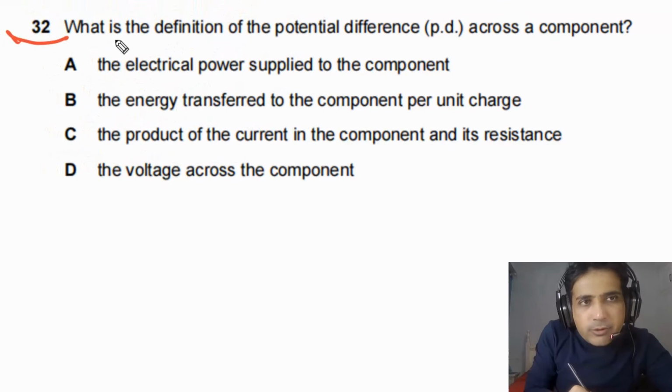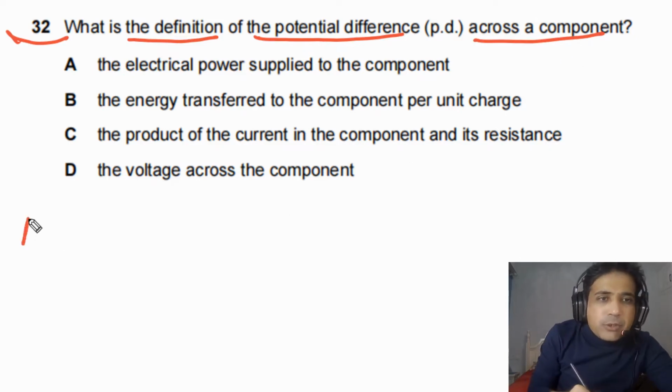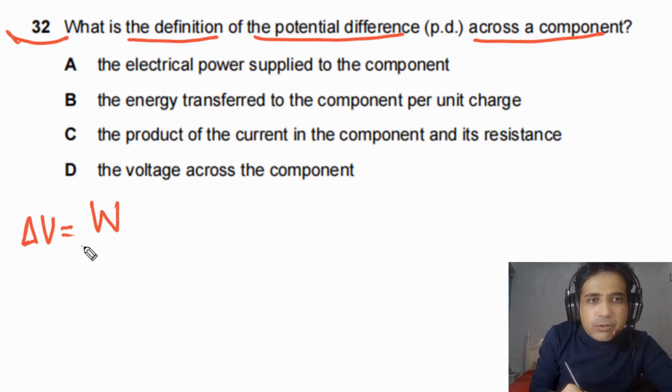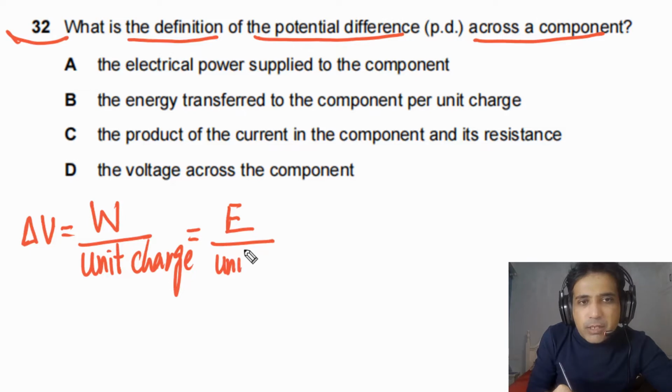For question number 32, we need to find the definition of the potential difference across a component. Potential difference is simply equal to work done per unit charge, or we can say the energy transferred to the component per unit charge.